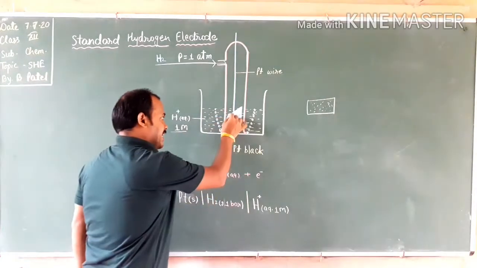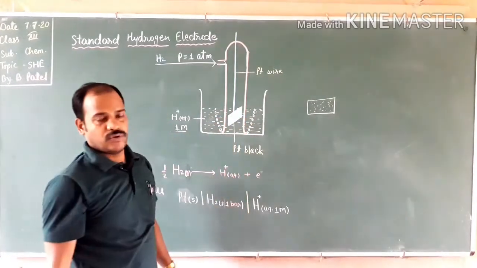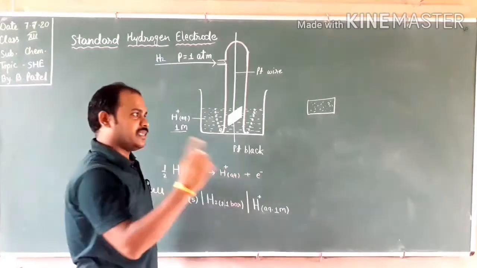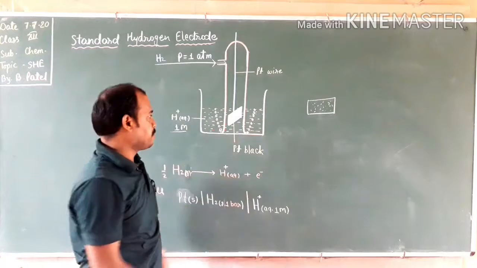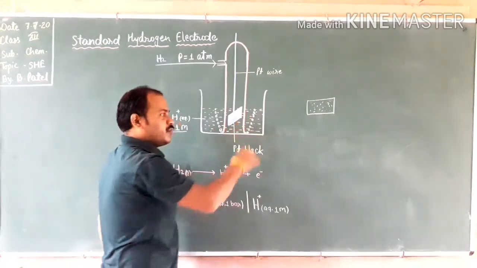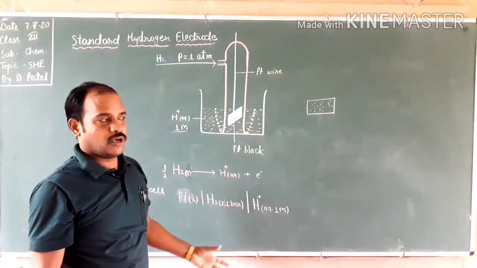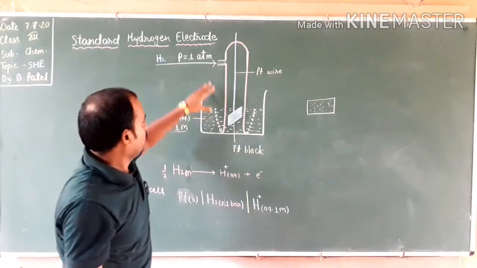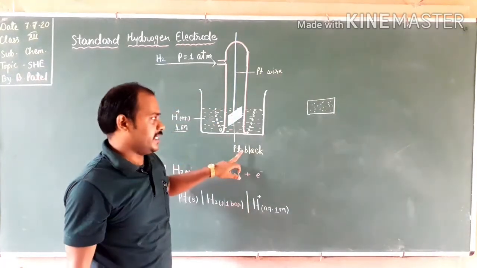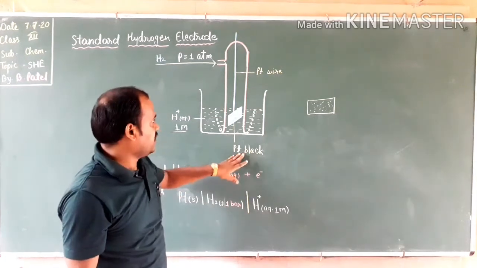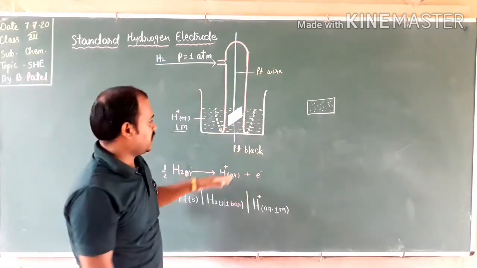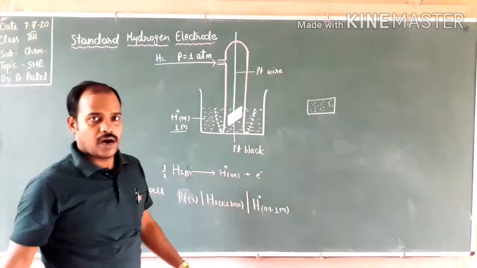So this acts as the electrode for hydrogen. Hydrogen gas is adsorbed on the surface of this platinum. Because it is not possible to adsorb 100% of the gas, this platinum black will adsorb gas to its maximum capacity. After that, the remaining gas will go out.